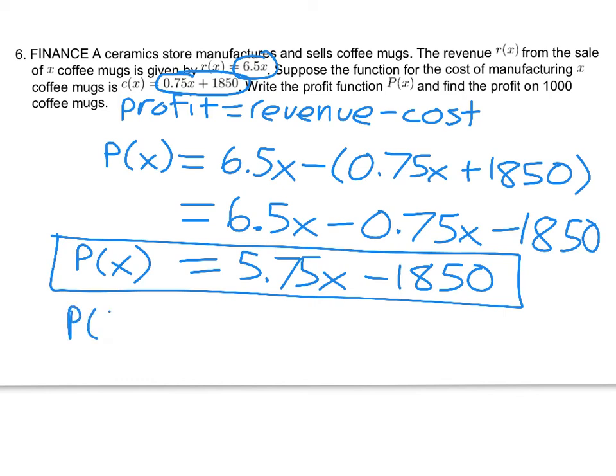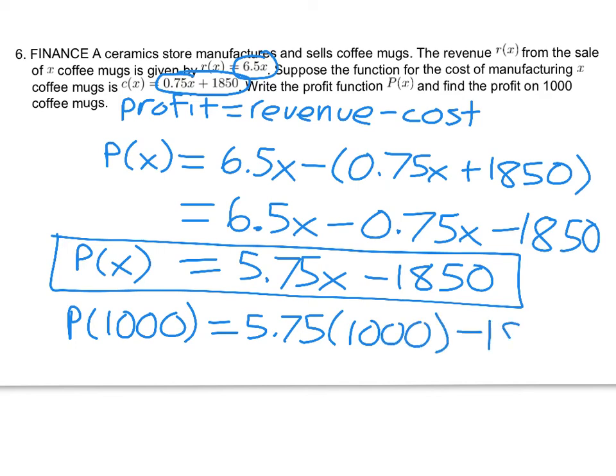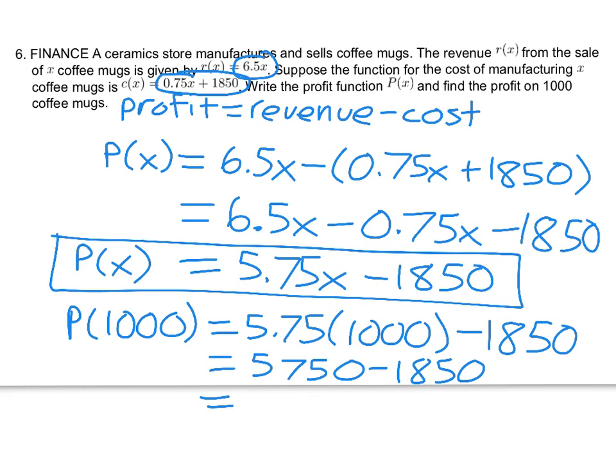So we're going to plug in 1,000 for x. $5.75 times 1,000 is 5,750. Subtracting 1,850, we have our final answer, which is $3,900.